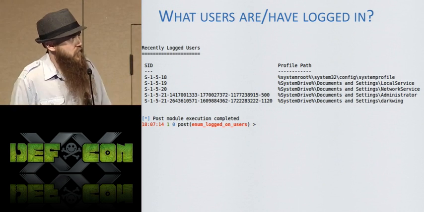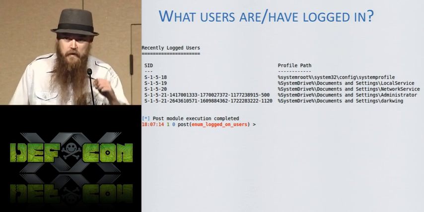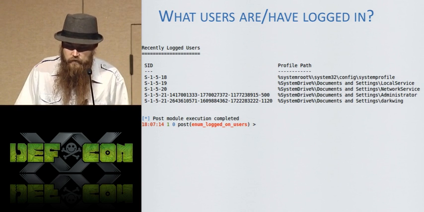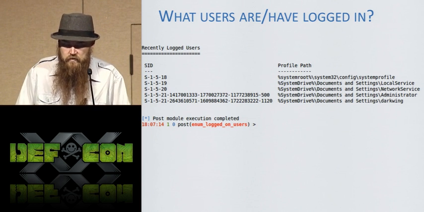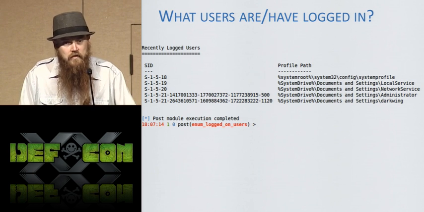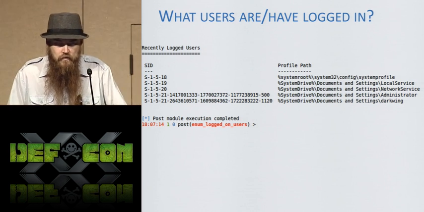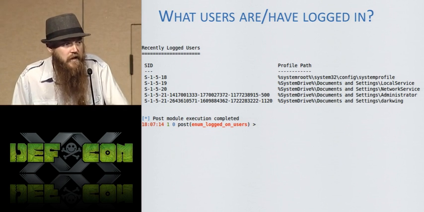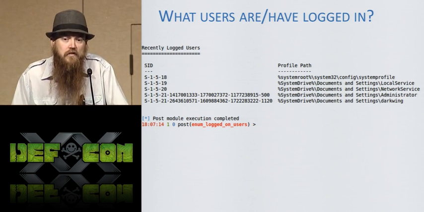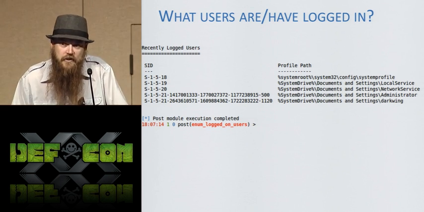So this is one way that Metasploit helps you out with presence. This module here is enum_logged_on_users, and it gives you the SID and the profile path of all of the users that are currently in the credential cache.